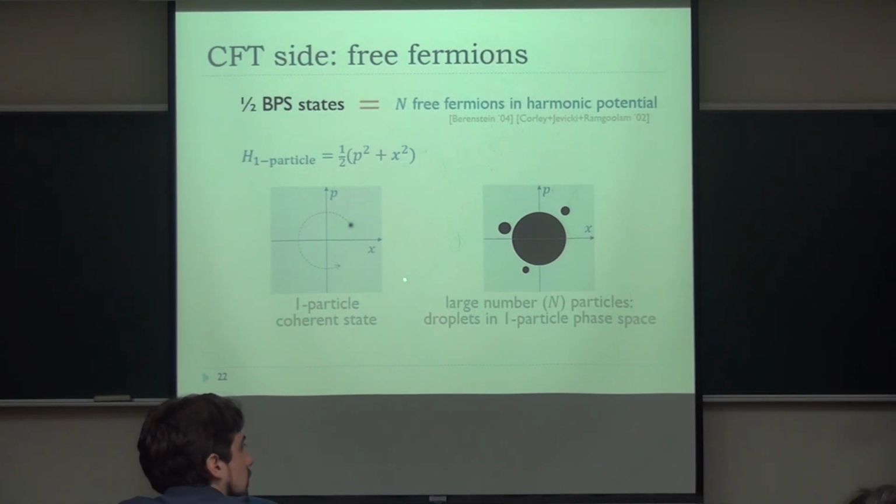And if you consider a coherent state, then you're rotating like this. Of course, the ground state is just a Gaussian packet over here, but if you consider a coherent state, it will be rotating like this. And if you have a large number of particles, then, as I said, it should be described by droplets in this one particle phase space.